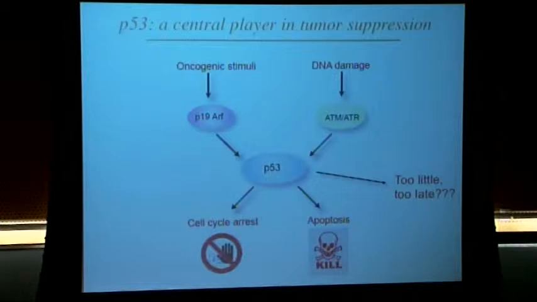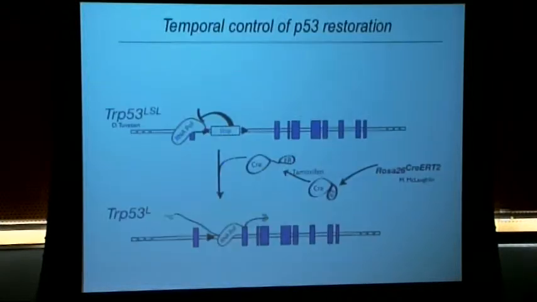But that's the question we wanted to ask, and here I'll introduce you to another genetic tool, and that is a restorable allele of a gene of interest, in this case p53. So we use the same lox-stop-lox strategy, but not to control the expression of a gain-of-function mutation. This by itself is a loss-of-function mutation. It inactivates the gene.